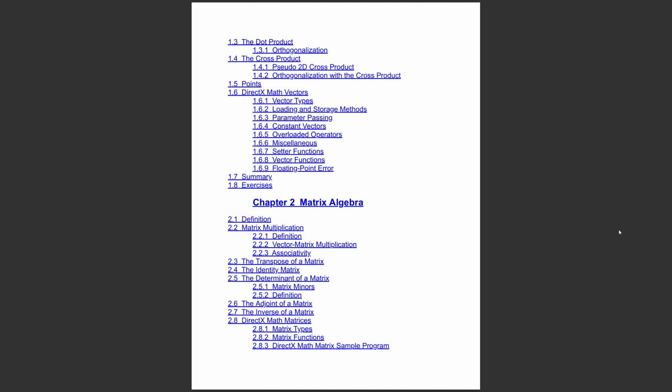We will have points, and then DirectX provides a bunch of mathematical objects, and one of these math objects is going to be the vectors. So we have DirectX math vectors, with various types, loading and storing methods, parameter passing, constant vectors, overloaded operators, a miscellaneous set of functions, vector functions, and we get introduced to floating point error, which is important to know, that computers are not infinitely precise and that we may become exposed to the errors that occur when we do mathematics with a limited computer.